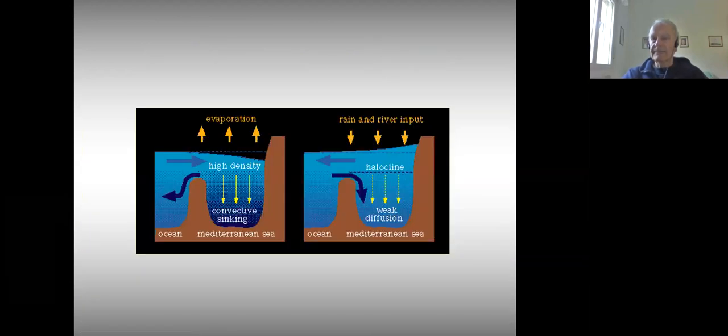Now let's see. You remember the figure which shows the global conveyor belt, with the dense water formation in the north, in the Labrador Sea, and this water then spreads in the bottom layer and goes all around the Earth with a time scale of the order of 1,000 years. In that specific figure, we are missing the contribution of the Mediterranean.